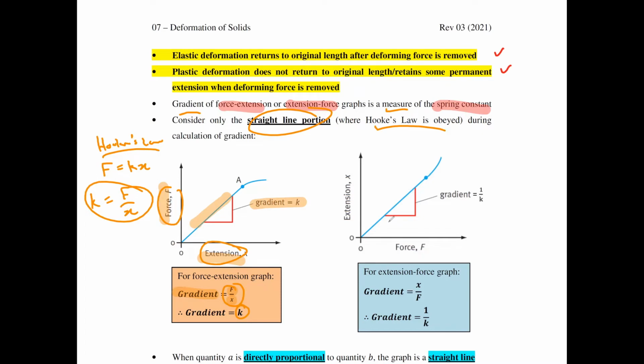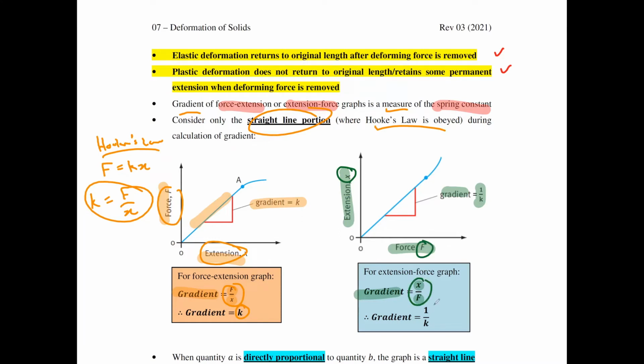But what about if you get a graph of extension versus force? The axes are now reversed. It's no longer force extension, it's extension force. So the gradient here is actually 1 over k, because what you can see here is that the gradient is actually x over F. When you want to find the gradient, it is the change in the y-axis, which is x here, over the change in the x-axis, which is F here.